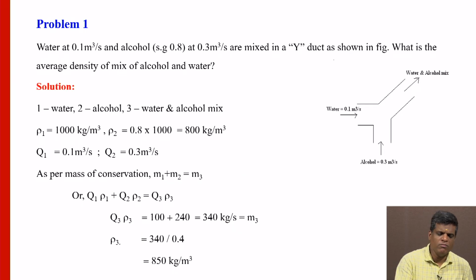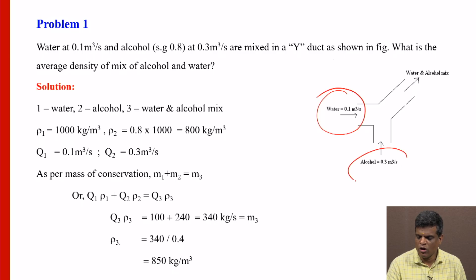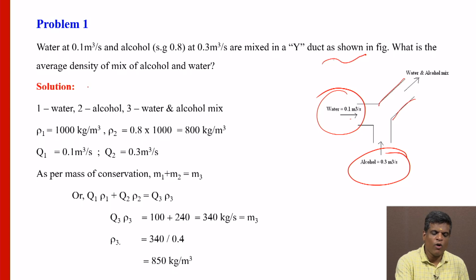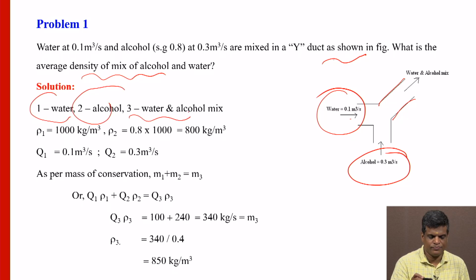A simple problem: we have two fluids, water and alcohol. The water volumetric flow rate is 0.1 meter cube per second, and the alcohol volumetric flow rate is also given. Both are passing through a Y-shaped pipe. What is the average density when you mix the alcohol and water together? We assume water is 1, alcohol is 2, and the mixture is 3.